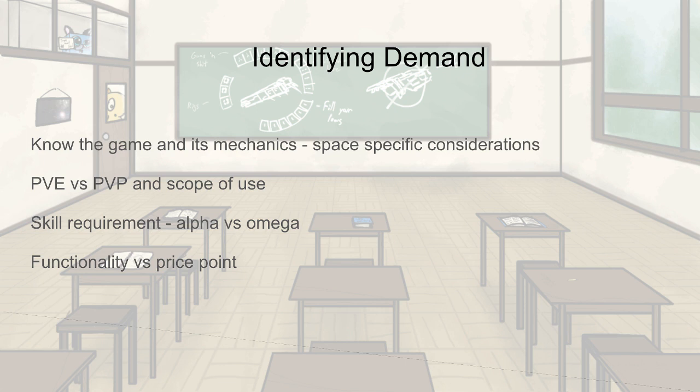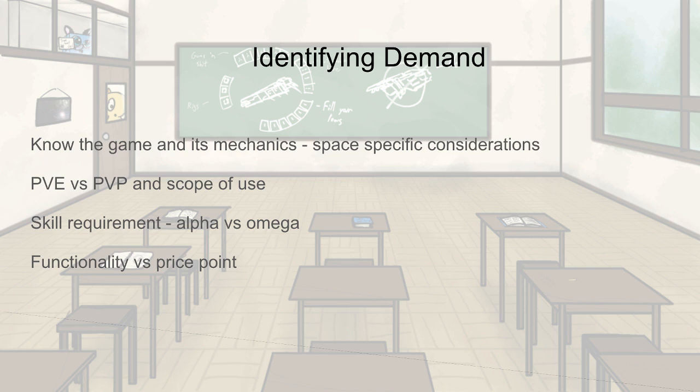We need to know that so that we can make a conclusion as to whether it's an item, module, ship, or anything like that that would be useful for some type of player.